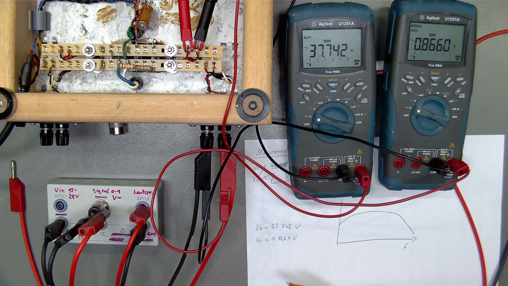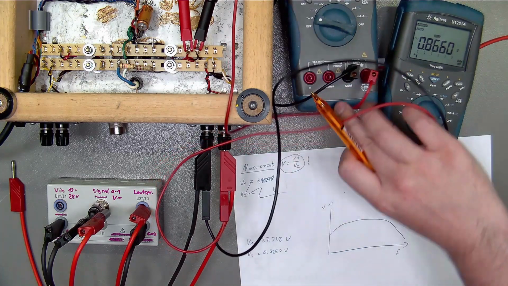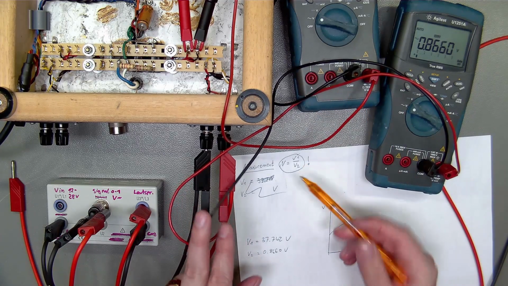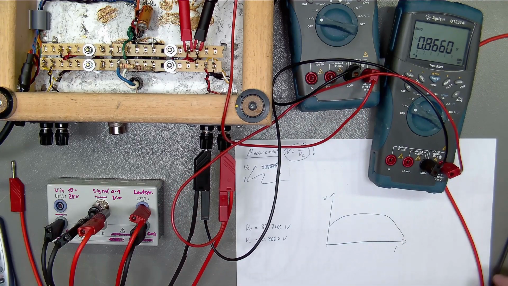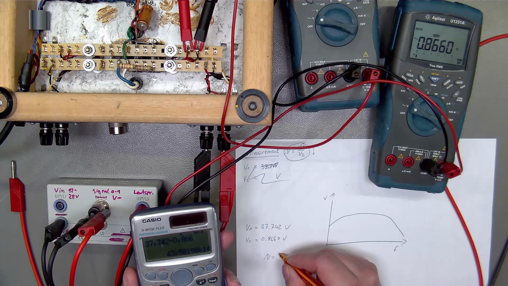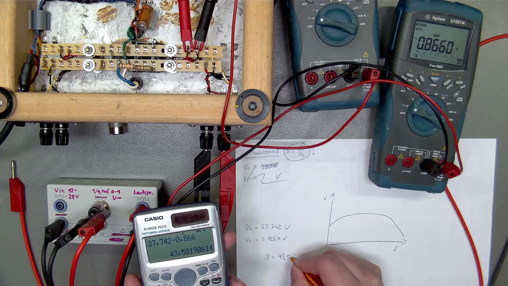And knowing these, we can remember our formula that the turns ratio is V1 over V2. So let's put that in the calculator. Turns ratio N is 43.58.